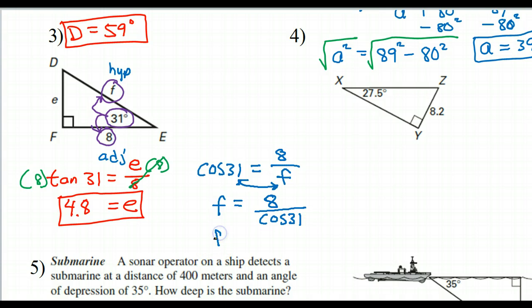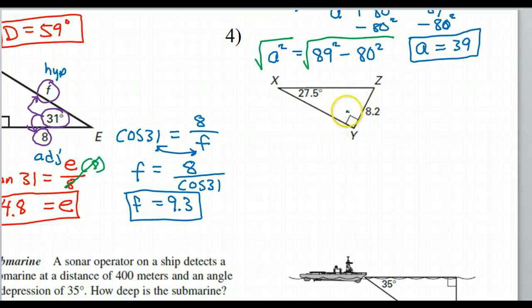And then I could just put that in my calculator, and I get 9.3. All right, so those are the three things I needed to find: angle D, side E, and side F. Done.